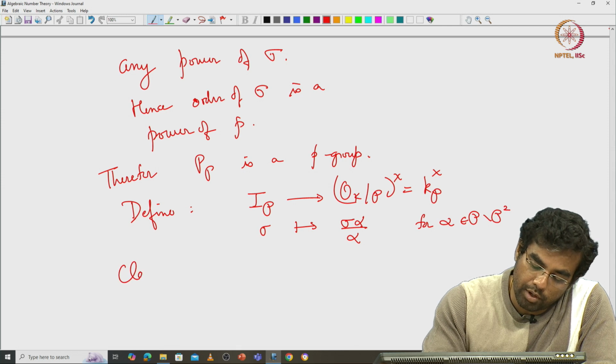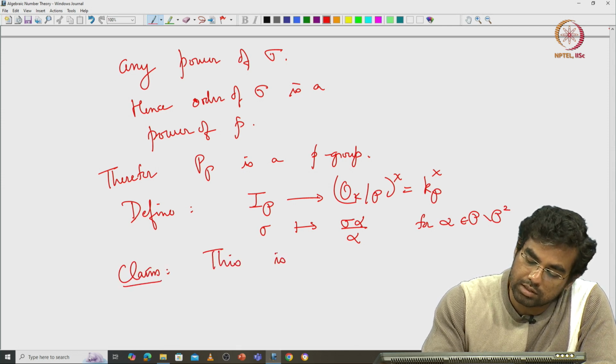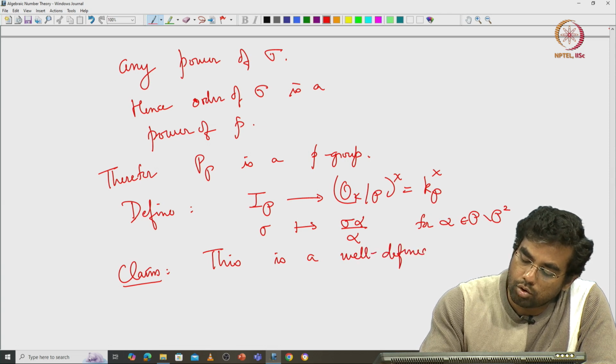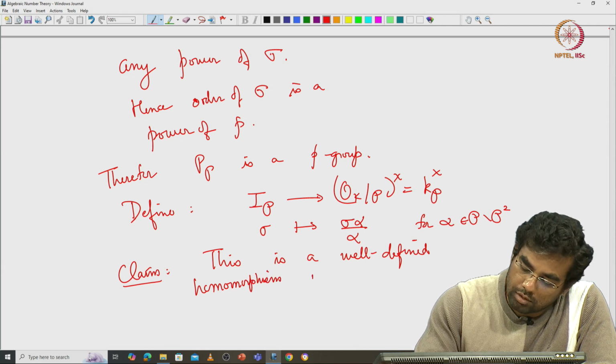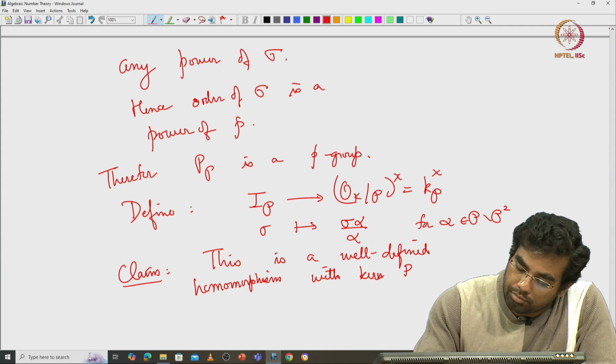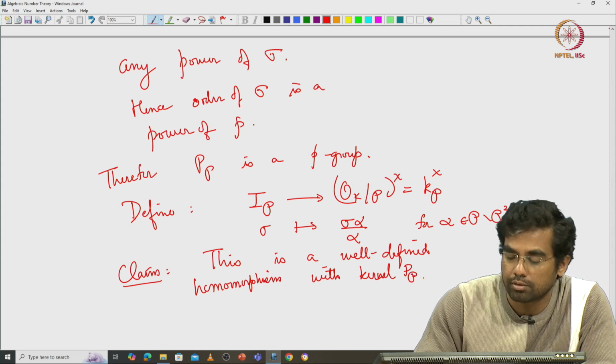So, the claim is that this is a well defined homomorphism with kernel P sub p.